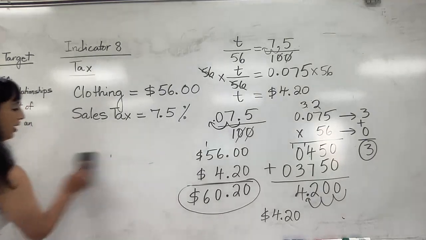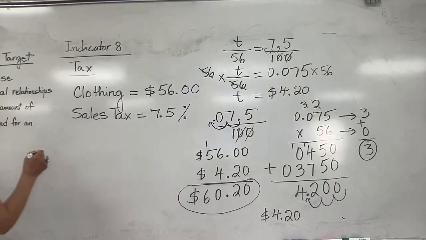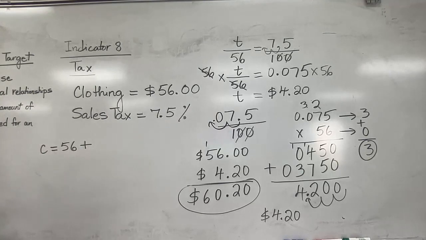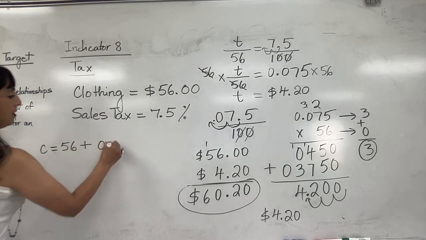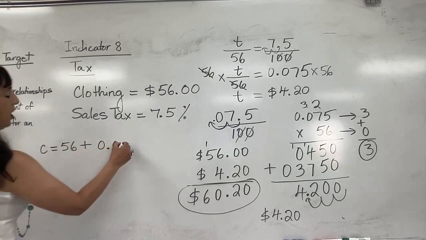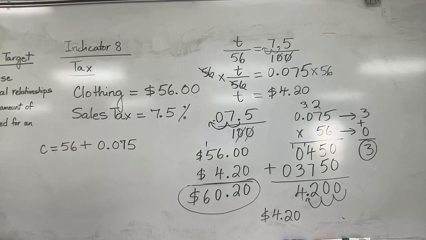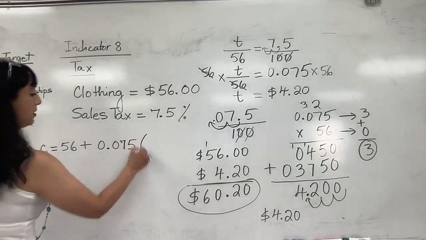I can also write an equation where I say the cost is equal to 56 plus my 75,000, because 7.5% times 56, right? Of 56.